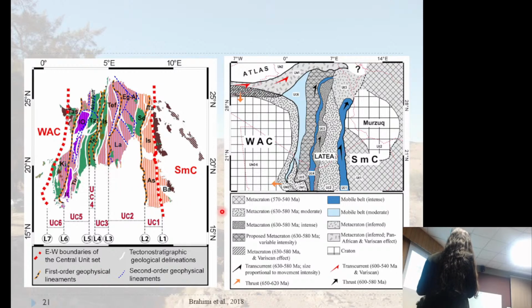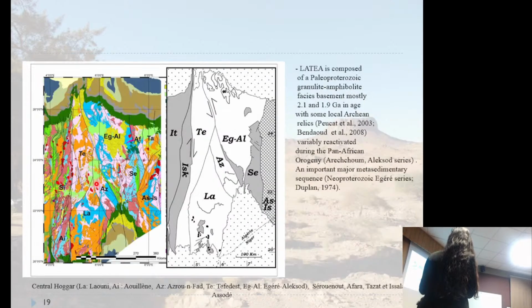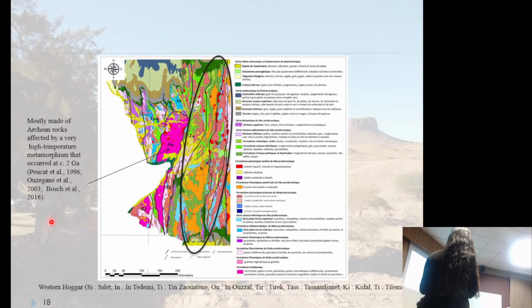But they were not mentioned on the geological map. Let me show you. For example, these two are first order geophysical lineaments. But if you go back here, there's no trace of those big lineaments. You have just terrain limits.